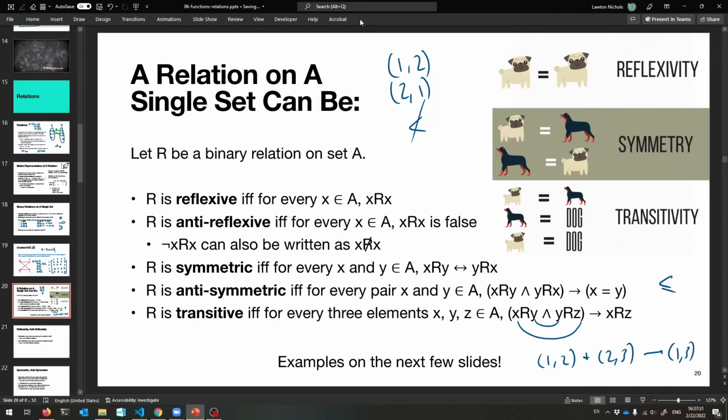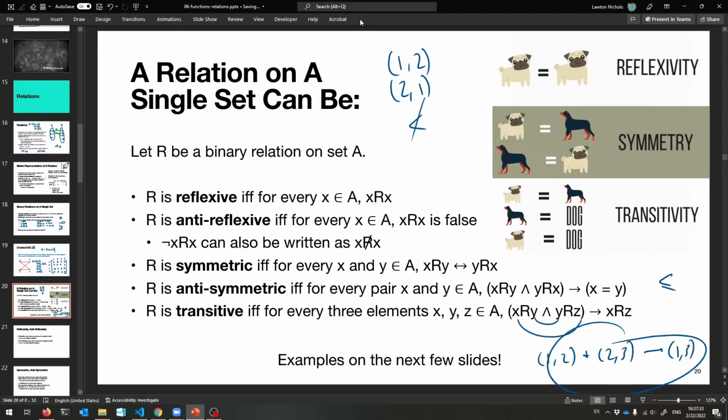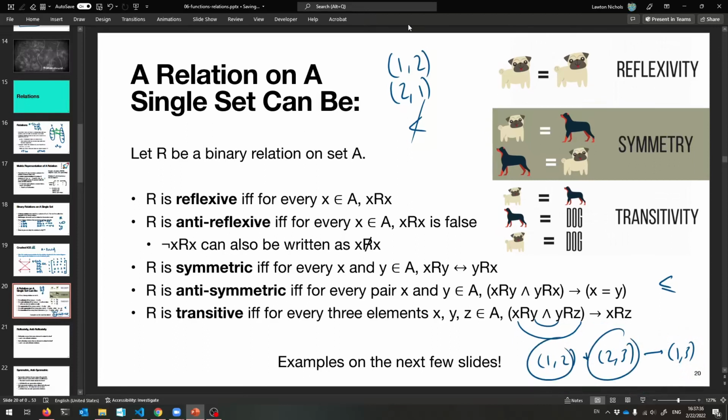Less than works for this, right? If you know that 1 is less than 2 and 2 is less than 3, then that automatically means that 1 is less than 3.